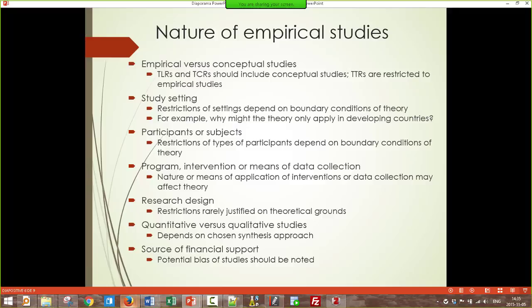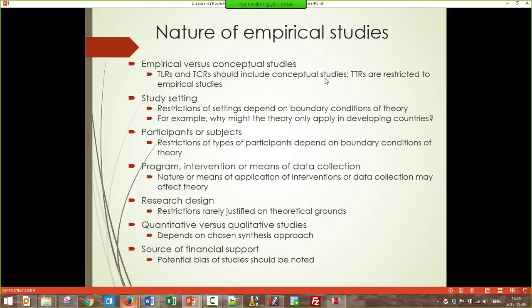So theory landscaping reviews and theory contending reviews should include conceptual studies. You should not restrict yourself to only articles that collected data, because a lot of times conceptual studies are where people are thinking about the ideas. They haven't tested the idea, but they're thinking about it. And very often, or I'll say normally, a conceptual study is held to higher standards of scholarly rigor than an empirical study.